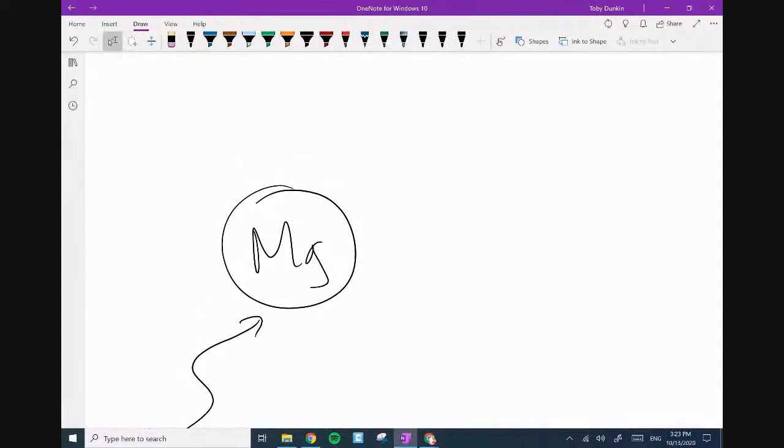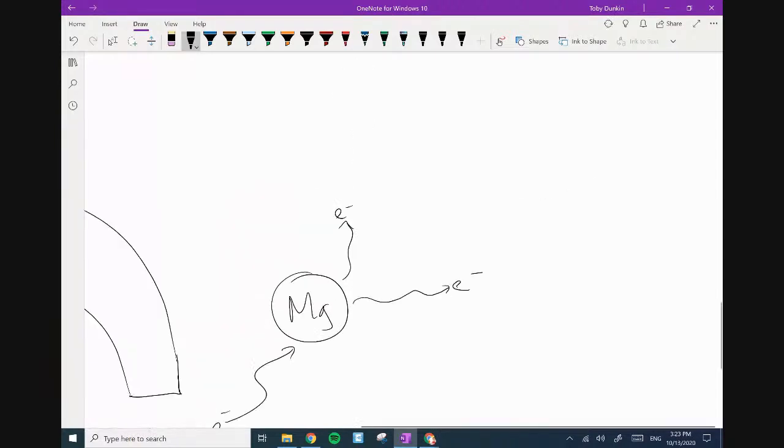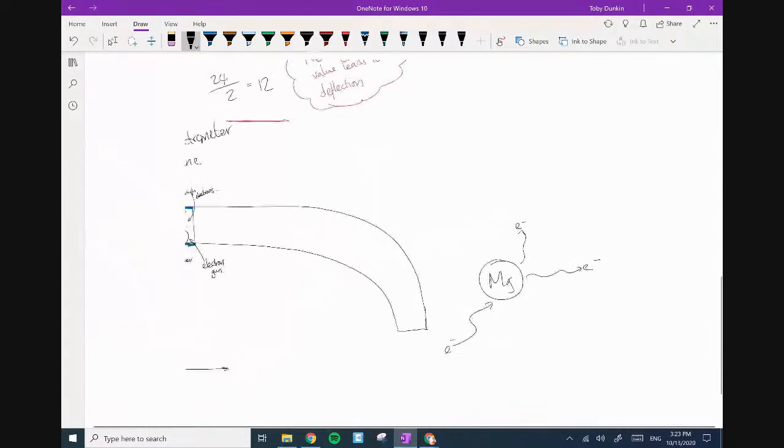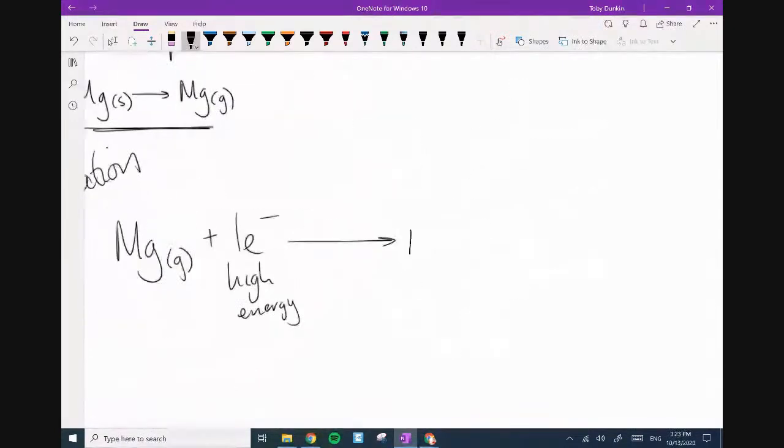It's like if I got Anch to stand there with his hand in the air and said, I'm going to shoot your hand with a bullet, and I want you to catch the bullet. There is no chance that's ever going to happen. It's going to smash into the magnesium and knock off another electron. This is ionization in a mass spec device. So I now have formed Mg2 plus gas and 2 electrons.